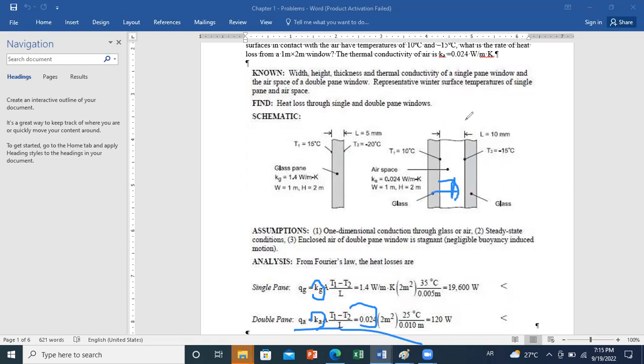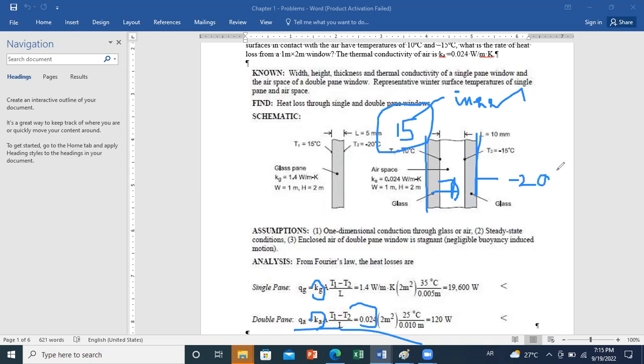Here the temperature difference is directly given, but in actual calculations I will not give you these values, and I will tell you why. In general, they just give you the inner temperature, meaning the indoor environment, which is 15 degrees, and the outer temperature, which is minus 20 degrees.